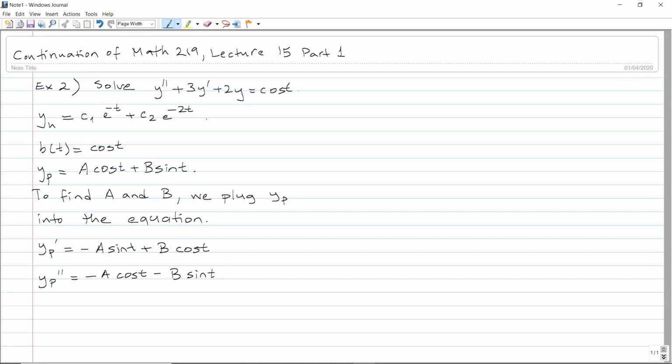When we plug it into the equation, we need the second derivative of yp plus 3 times the first derivative plus 2 times the function.